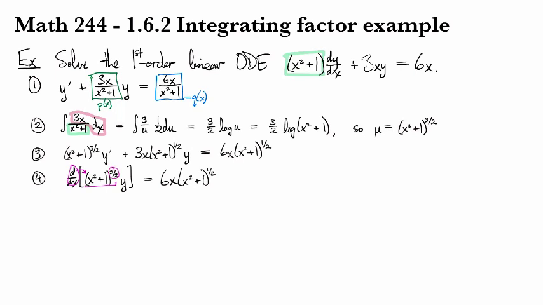It's going to bring down the 3/2. So there it is right there, there's 3/2. And then I'm going to be multiplying by the chain rule, a 2x coming out of here. So I have 3/2 times 2x, and those 2's cancel, times x squared plus 1 to the 1/2 times y. Great.